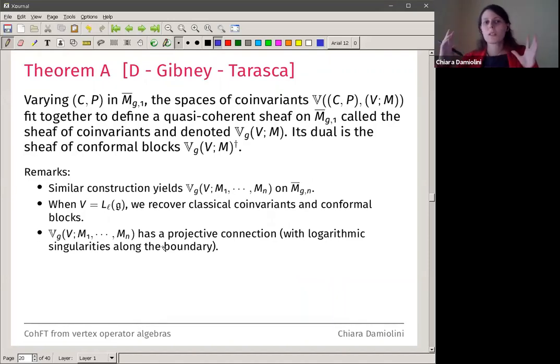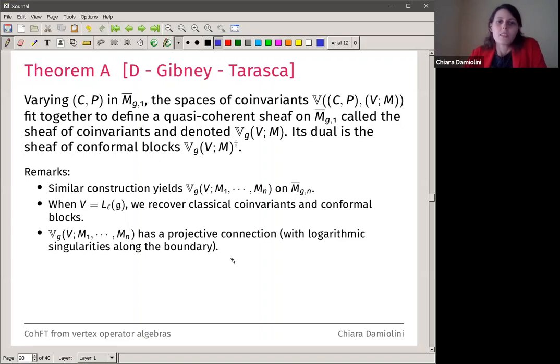But if you just consider smooth curves, it's already embedded in the construction that these spaces have this projective connection, which is a property that can also be expressed in a more refined way using the language of Atiyah algebras. But it's fundamental to have an explicit description, for example, of Chern classes. So it's very important. We might see it later.